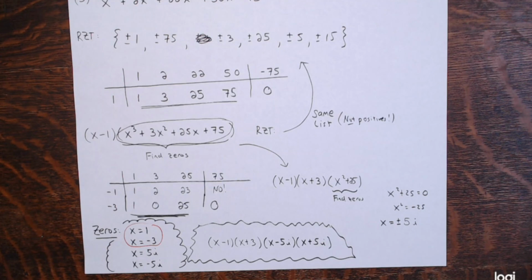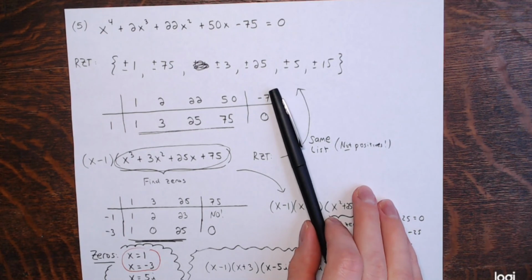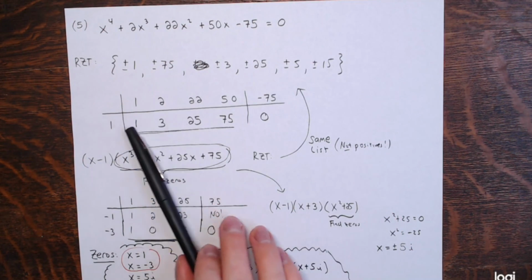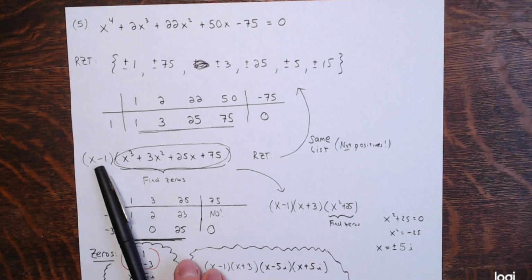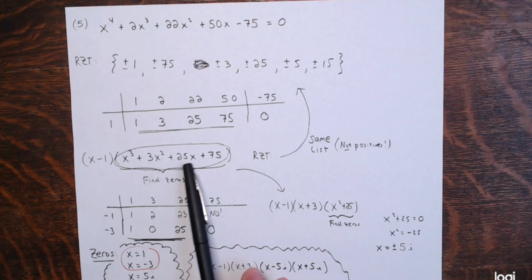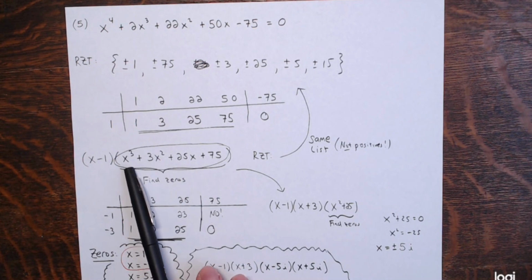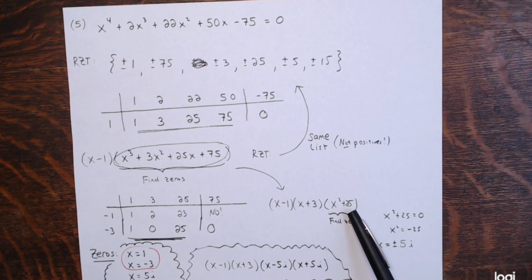Then you can apply the rational zero theorem to make a list of possible rational zeros, like here, like I'm pointing at. Then you check that list, and once you find a zero, you can factor to a degree 1 times a degree n minus 1, 1 less, and then you take that quotient and start over if you need to. Now, if the quotient's a degree 2, you can stop.